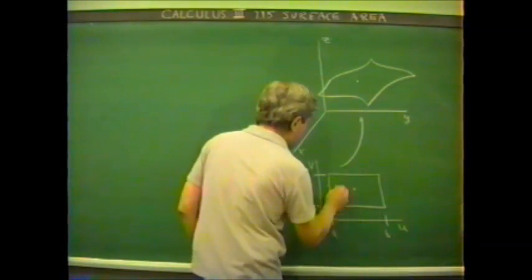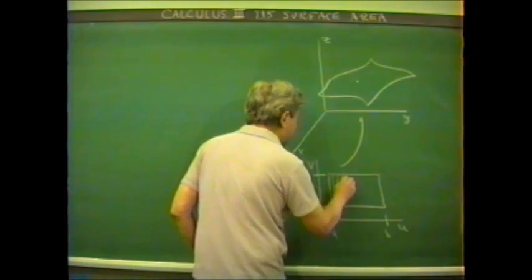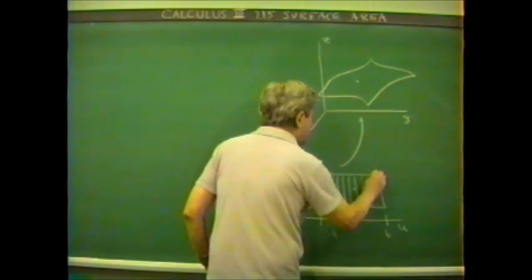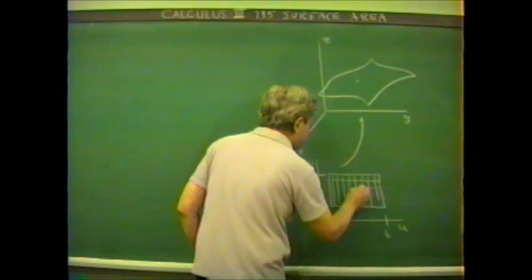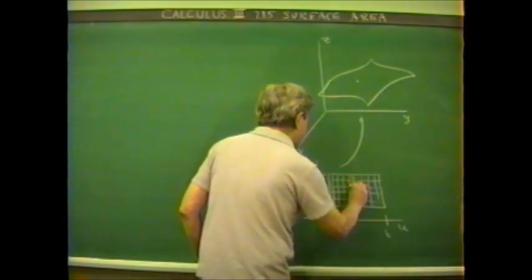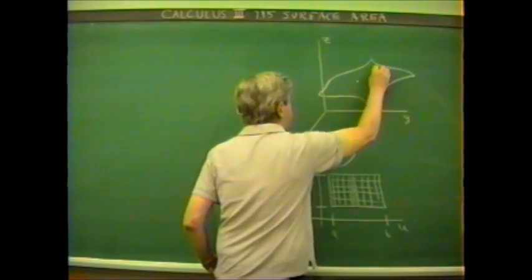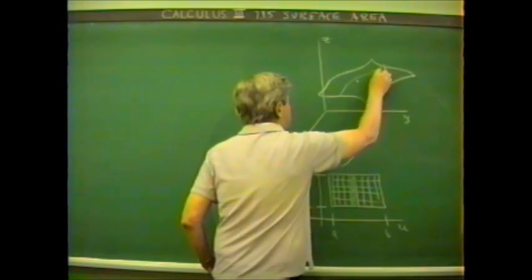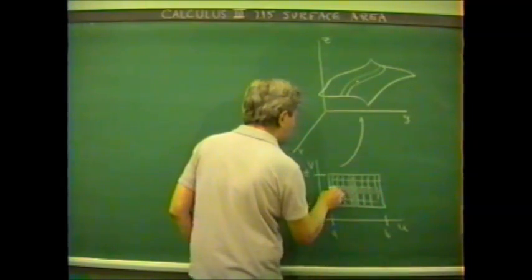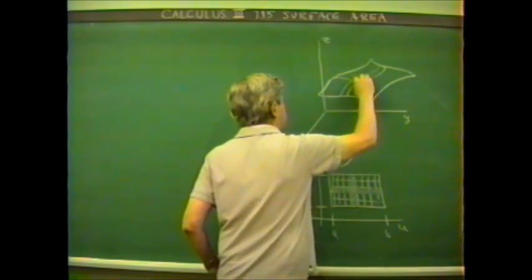If we partition up AB, we end up with something that looks like this. Right? And if we partition CD, we end up with something in this direction right here. And one of these stripes here, for example, may go through here like so, and a stripe in the other direction through here like this.